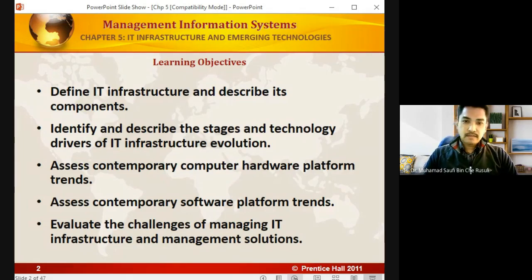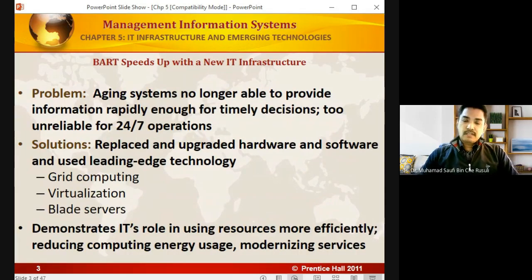In this slide, there are some definitions of IT infrastructure, and we also need to describe each component, describe the stages and technology drivers of IT infrastructure evolution, assess contemporary computer hardware platform trends, assess contemporary software platform trends, and then evaluate the challenges of managing IT infrastructure and management solutions.